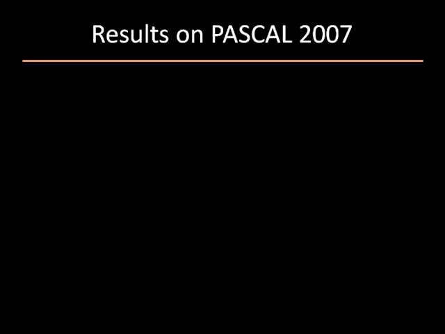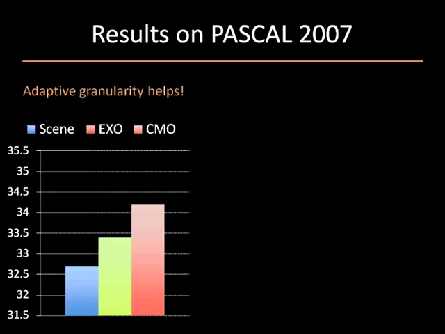We perform experiments on the Pascal VOC 2007 dataset and evaluate the object detection performance. We first compare our contextual cue with the two methods that exploit the unlabeled regions at fixed granularity. The results show that our approach that automatically and adaptively determines the granularity performs better.